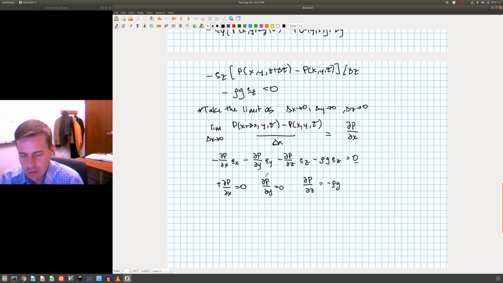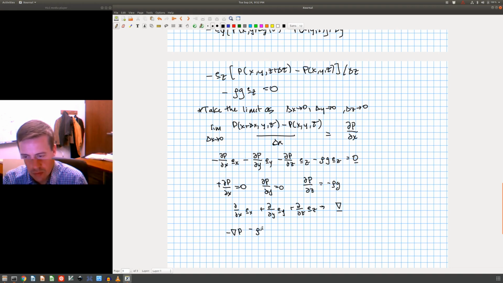Or another way to write this: what is something where I have a derivative with respect to x, e_x, plus a derivative with respect to y, e_y, plus a derivative with respect to z, e_z? That's a gradient. So another way of writing this is minus gradient of p minus ρg e_z equals 0.